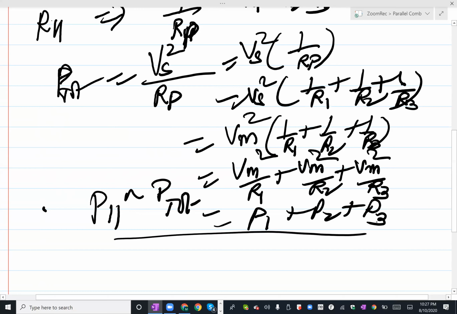It is similar to the expression for resistance in series when compared to the other one. Where resistance is given by a reciprocal, power is given by simply the sum of all the three. This is what you should know.